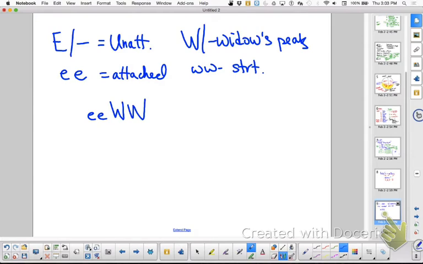And then it says, and the other is homozygous dominant for unattached earlobes. Homozygous dominant, homo meaning same, right? So what would that be? Big E, big E. And then they said, and homozygous recessive for hairline, what would that be? Little w, little w.